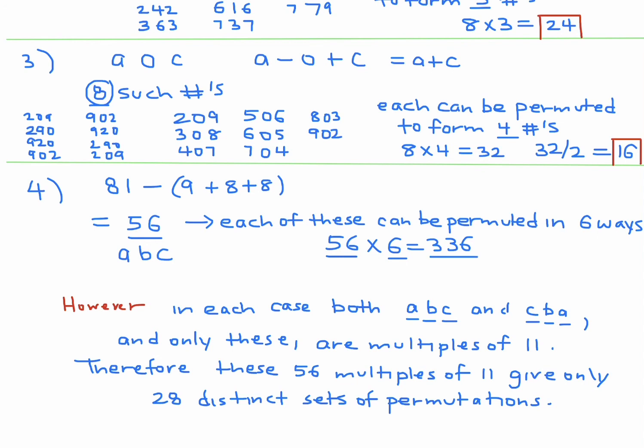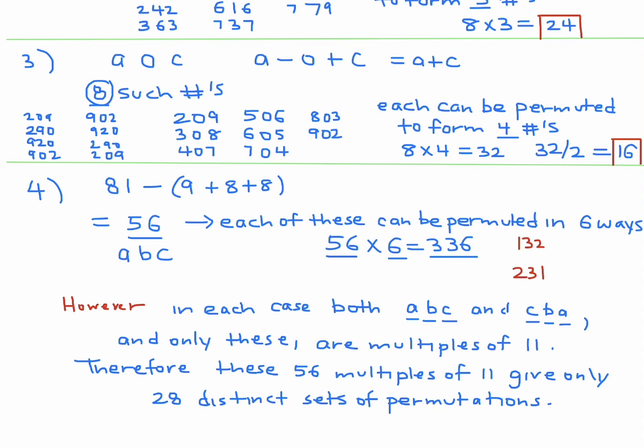However, in each case, both ABC and CBA, and only these, are multiples of 11. So a perfect example of that would be, say, something like 132 and 231. That is ABC and that's CBA, this one and this one respectively.